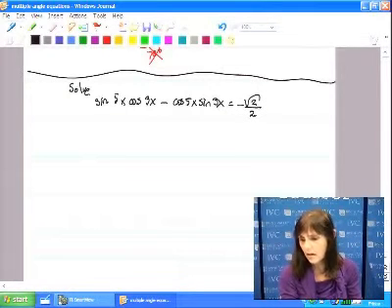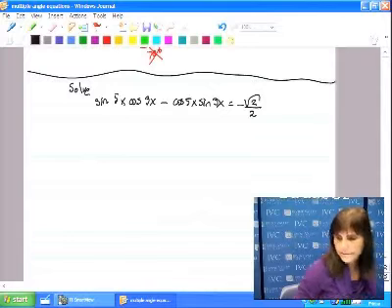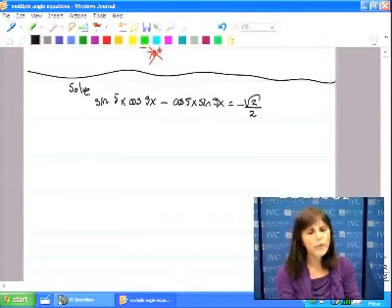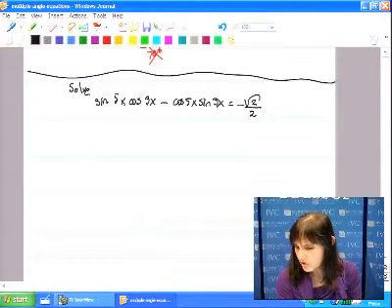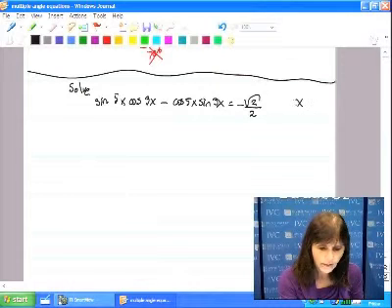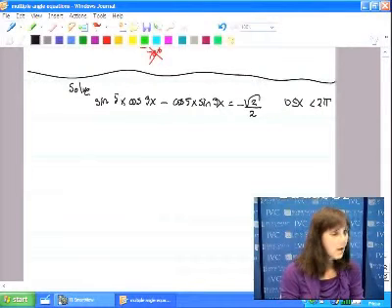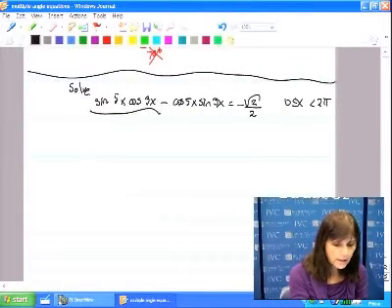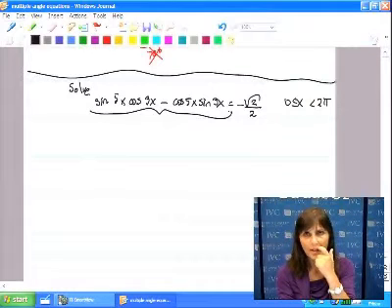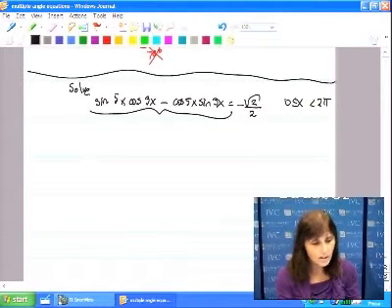So what is that? If you look at this, you want your x to be between 0 and 2 pi. Now, I look at this. Oh, this is the formula from my identity video.